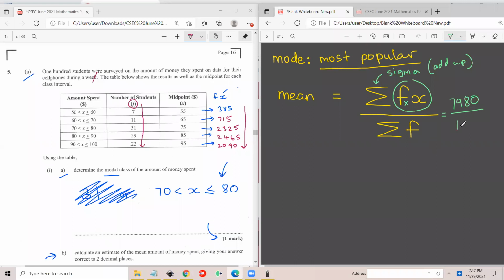I get it underneath to be 100. So when I divide that, I'm getting 79.8. The answer will be in terms of money. That's the average amount of money the students are spending.